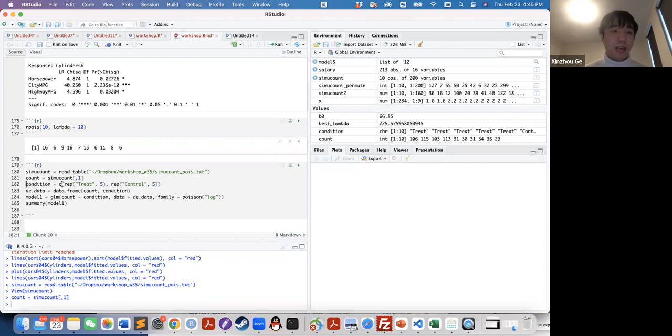And then we can generate our predictors. Here we need to generate our predictors ourselves because we don't have that information from the data itself. We infer the condition from the names of the samples, because we know that the first 5 are from the treat condition and the last 5 are from the control condition.